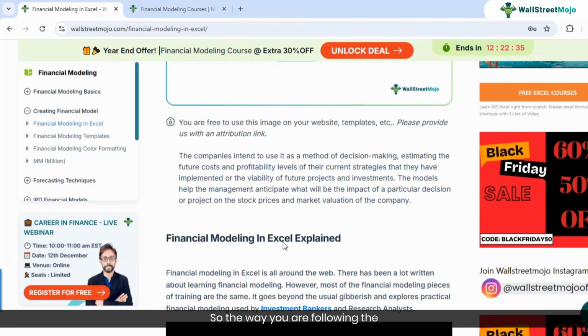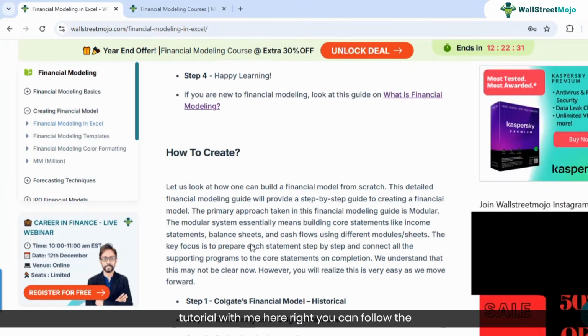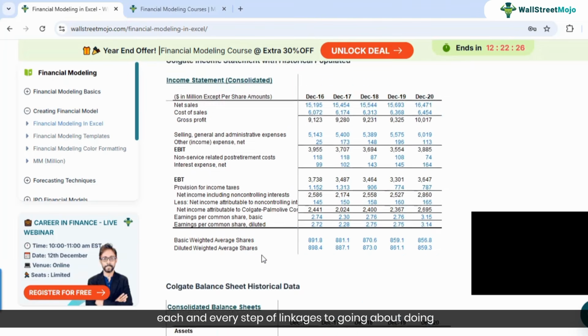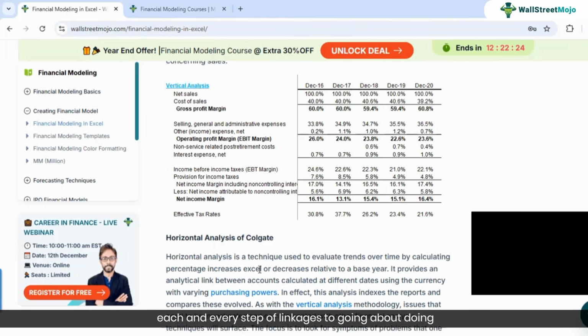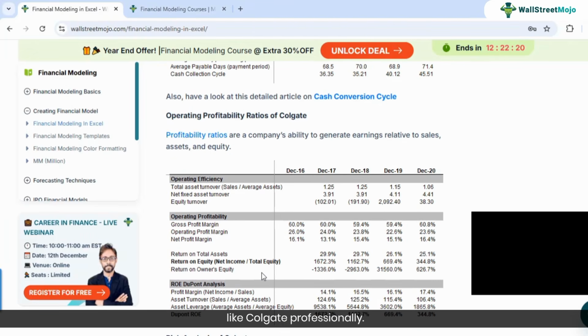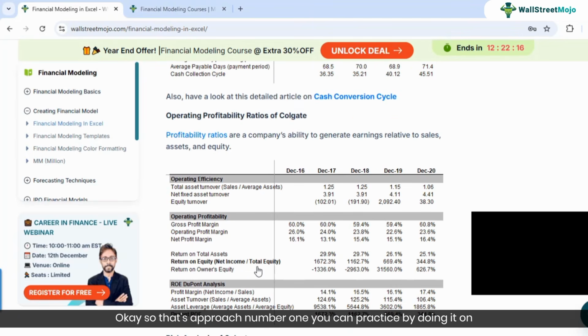The way you were following the tutorial with me here, you can follow the tutorial there as well. We have shown you each and every step of the linkages in doing the financial model of a real life company like Colgate professionally. So that's approach number one. You can practice by doing it on Colgate.